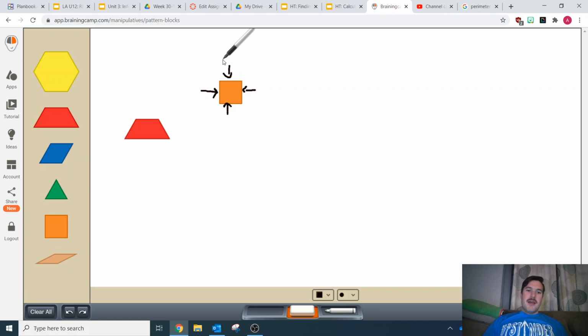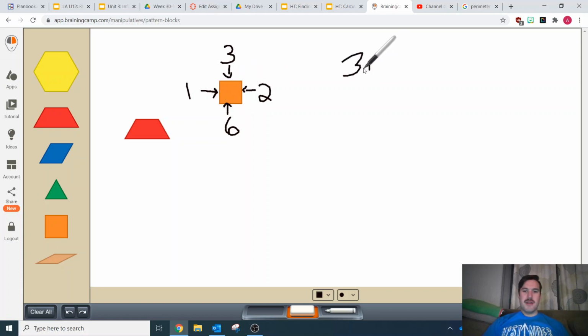So this is a square, so all the sides are the same length, but just for the sake of the argument, let's say they aren't. So let's say this one is 3 inches, and this one's 2 inches, and this one's 6 inches, and this one is 1 inch. In order to find the perimeter, you would add this side, plus this side, plus this side, plus this side.